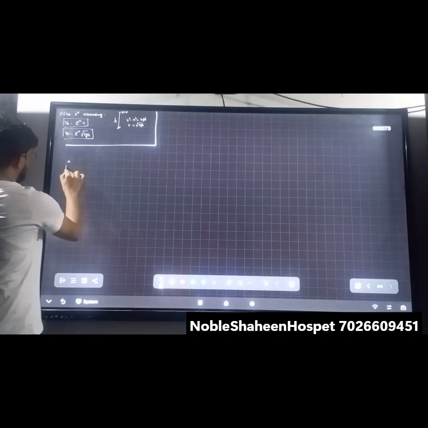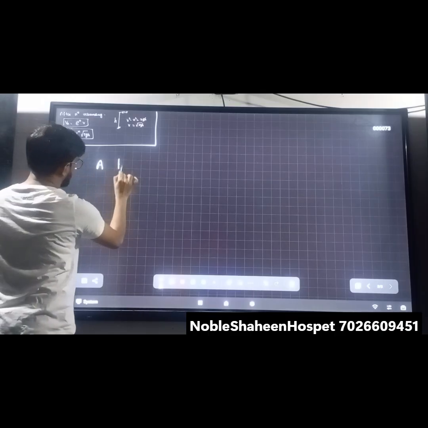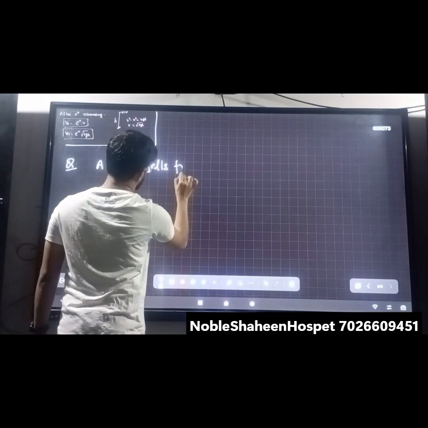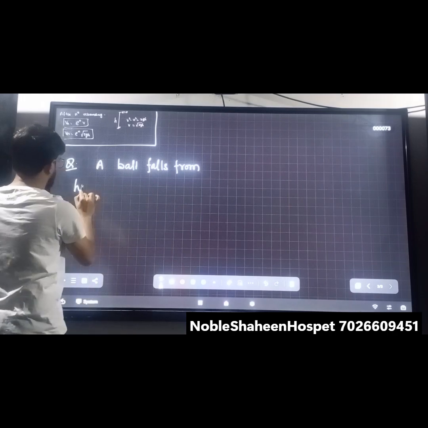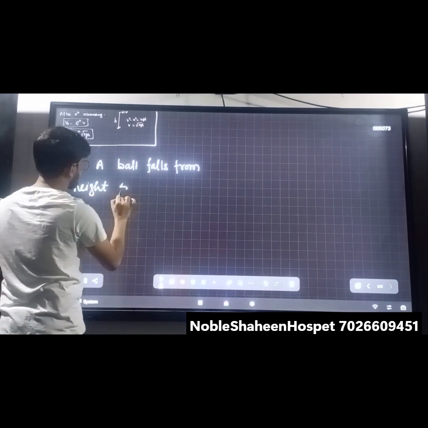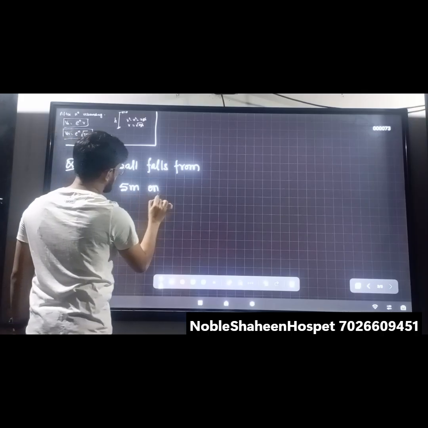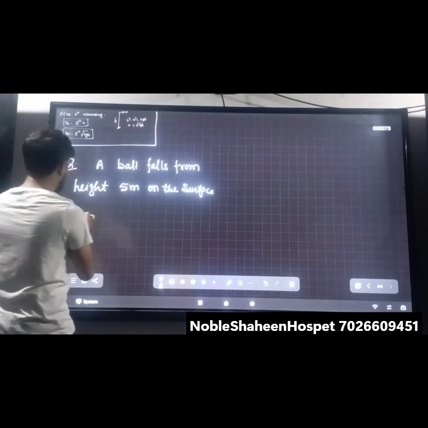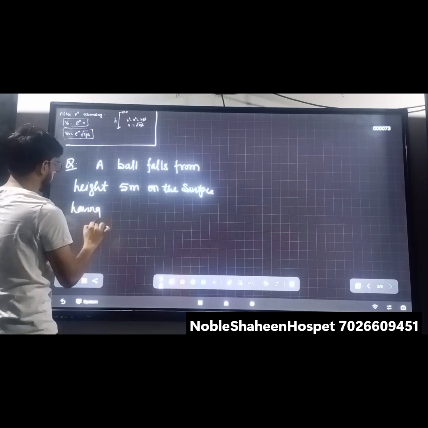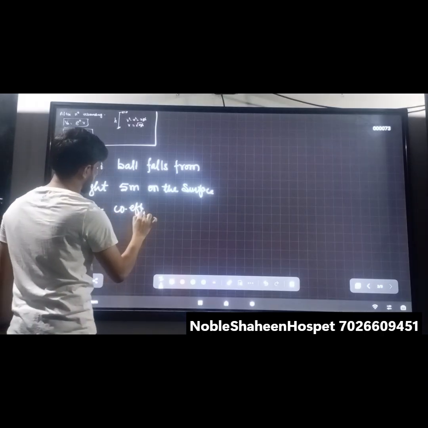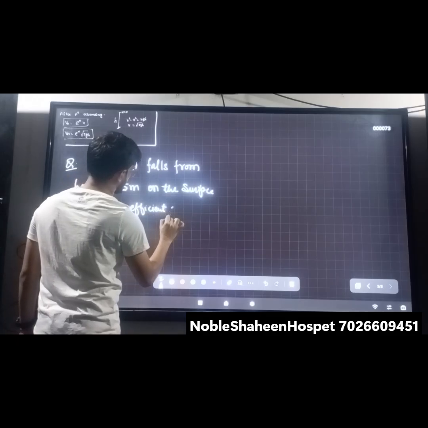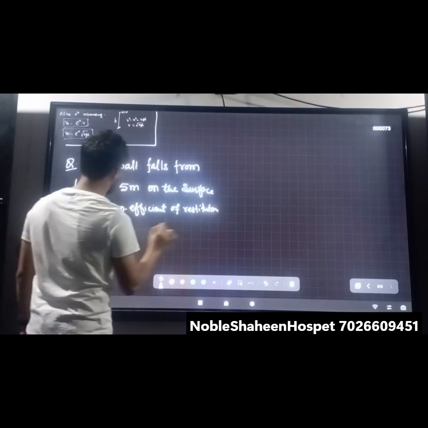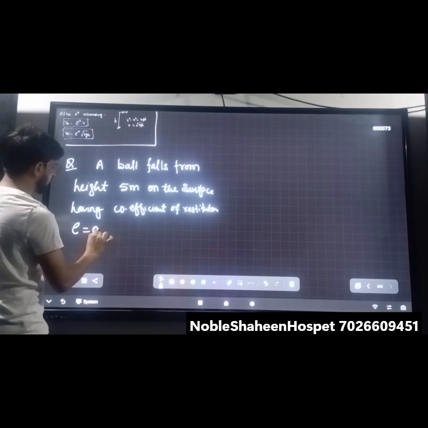The question is: a ball falls from a height of 5 meters on a surface having coefficient of restitution e equal to 0.2.